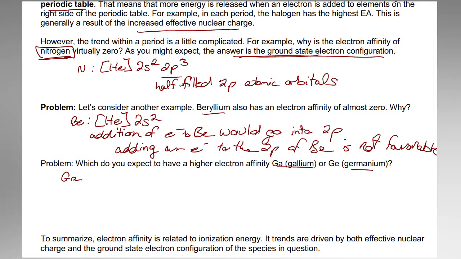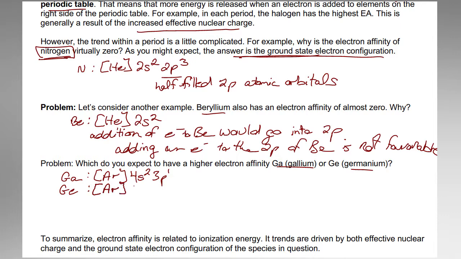Gallium is in the family 3A in the 4th period, so that it is a closed argon shell followed by 4s2 4p1. I'm going to ignore those d electrons for the moment. They don't actually play a role since germanium and gallium are both main group elements.